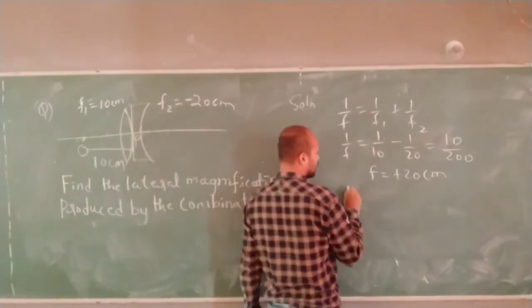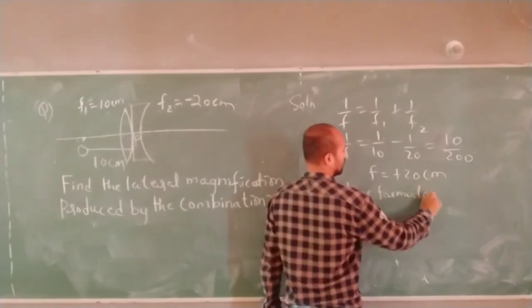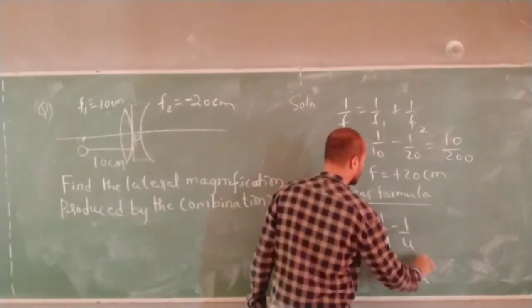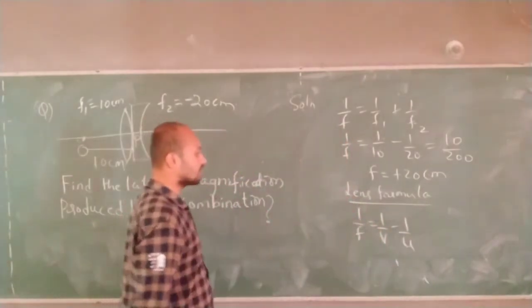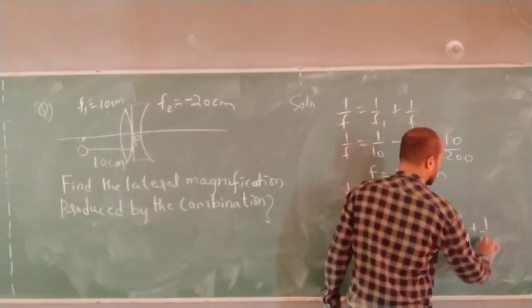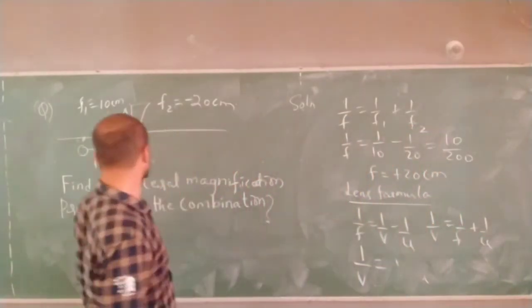Once you find F, using the lens formula, 1 by F is equal to 1 by V minus 1 by U, or 1 by V is equal to 1 by F plus 1 by U. Substitute the values.